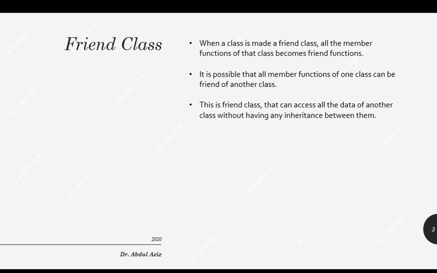This is needed when we want to allow a particular class to access the private and protected data members of a class. When a class is made a friend class, all the member functions of that class become friend functions, and they can easily access the private or protected data stored in the class.